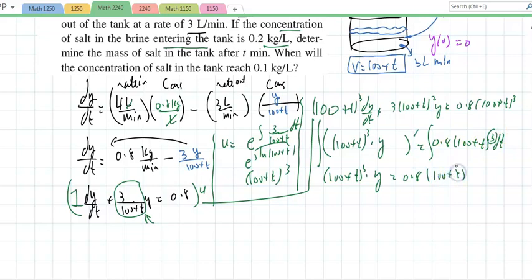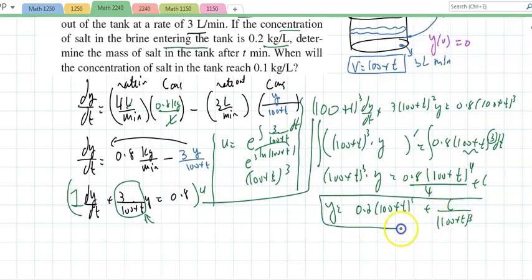This is really straightforward since this is linear. So I could say y equals 0.2 into 100 plus t to the fourth plus c divided by 100 plus t cubed. Actually, 3 of those cancel with 3 of those, you have 1 left. There it is.